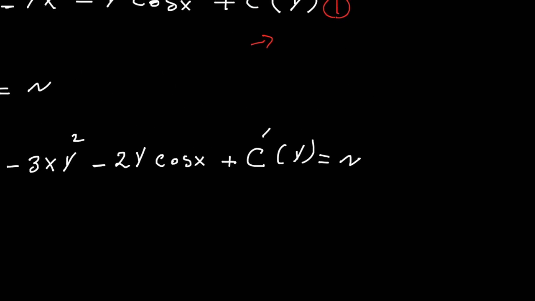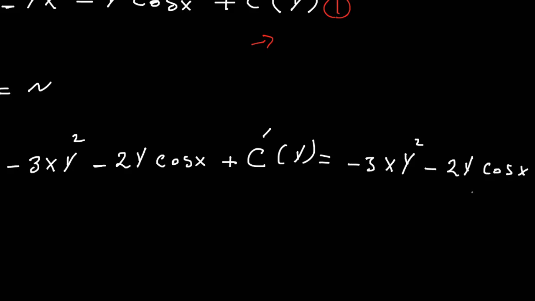So we will have on this side minus 3x y squared, and then minus 2y cosine x. Okay, so now you can see that you can easily cancel these two, and also you could cancel these two.